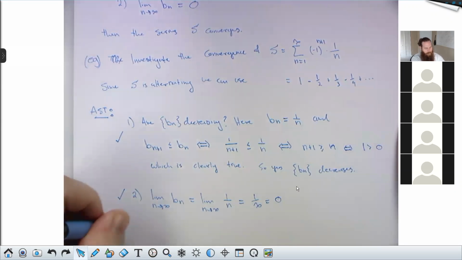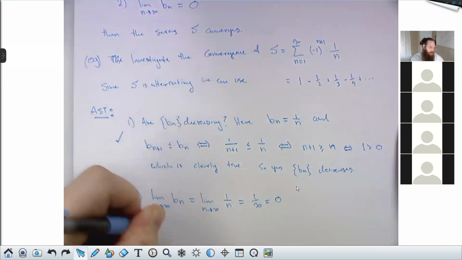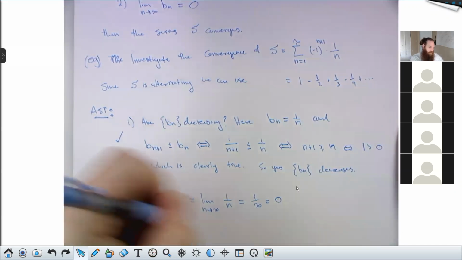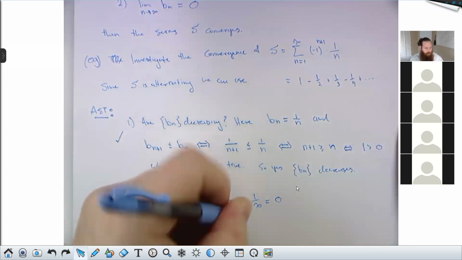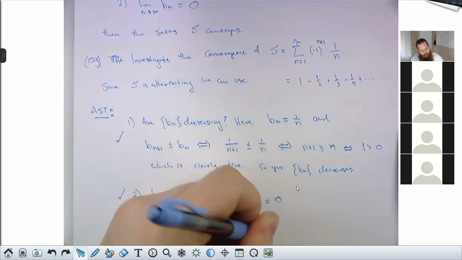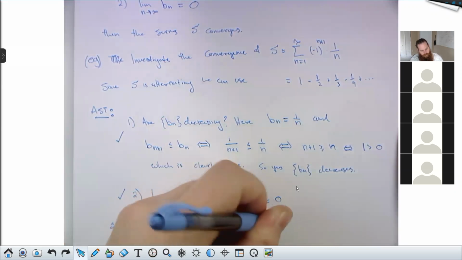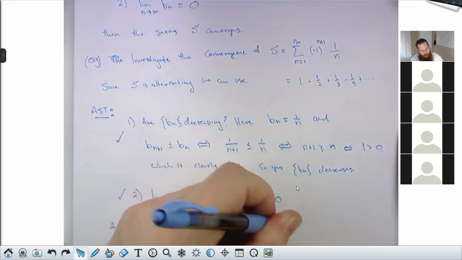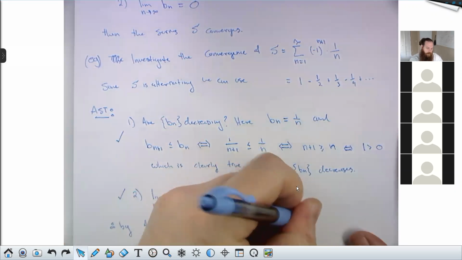Therefore, by the alternating series test, the series S equals sigma n from 1 to infinity of (-1) to the n plus 1 over n converges.